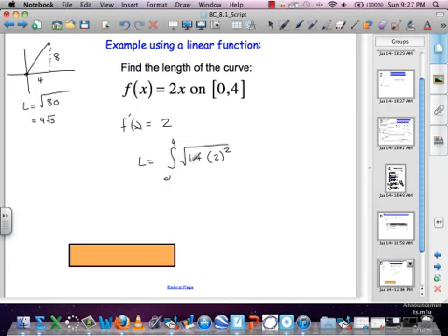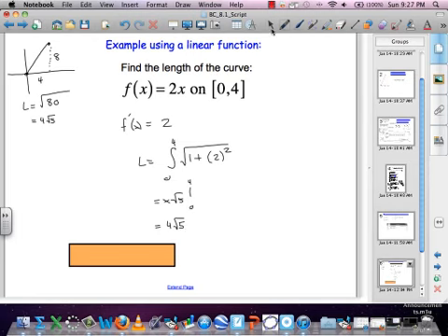That gives us 1 plus 4 on the inside of the square root, that's the square root of 5, and the square root of 5's antiderivative will be x square root of 5 from 0 to 4. Okay, voila, we've got 4 square roots of 5, which is what we expect from geometry. Okay, so it appears to work here.